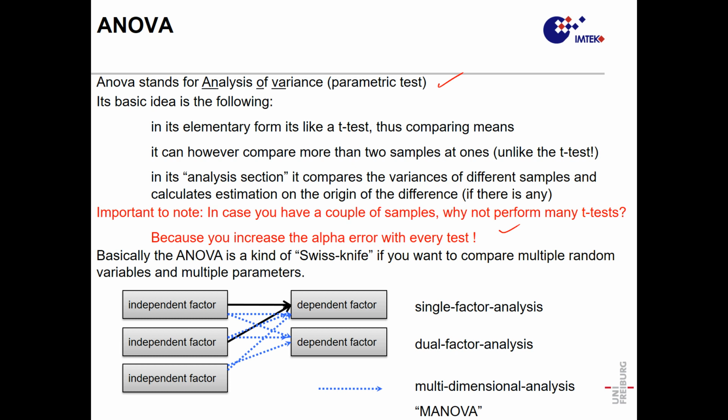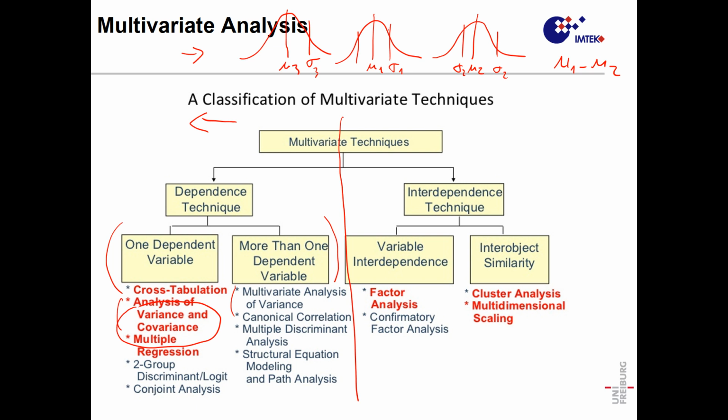And the independent factor is the factor that is influencing this measurement, and this is what you want to see. So, for example, let's say that we are measuring temperature with 3 different thermometers, right? So the dependent variable will be the temperature, and the independent factor will be the thermometer.